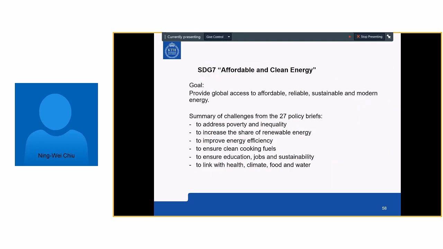If we now focus on SDG 7, which is affordable and clean energy, that's the goal. It is to provide global access to affordable, reliable, sustainable, and modern energy.